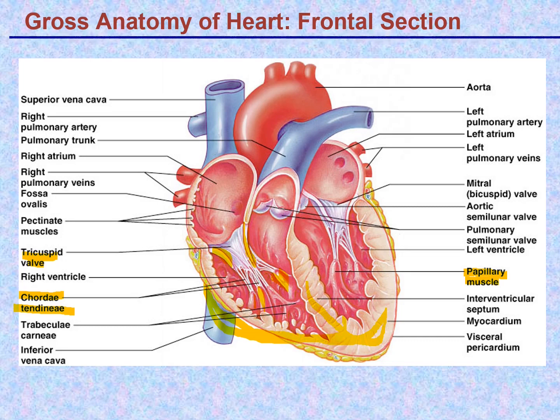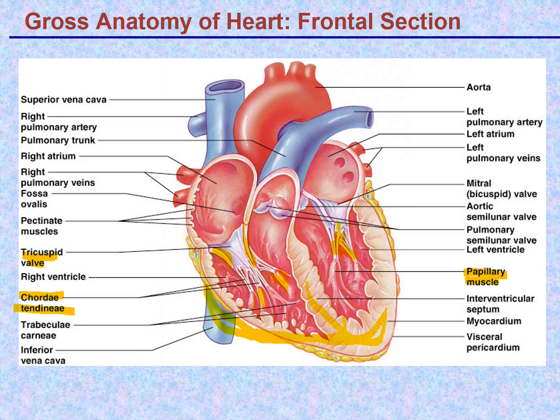Really, you could look at the papillary muscle and the chordae tendineae, and it's the same on both sides. You have the same kind of structures on both sides, the left side also. So you can look at the papillary muscles as the arms of a parachutist holding onto the parachute cords, which are the chordae tendineae, which are attached to the parachute, which is the valve.